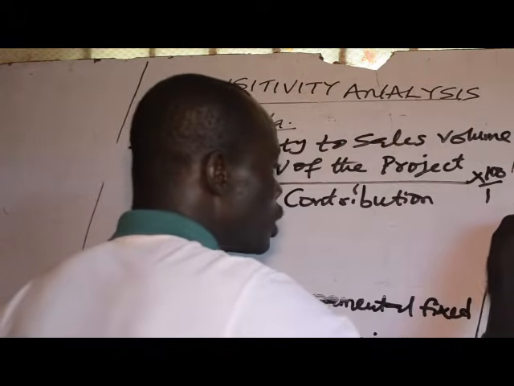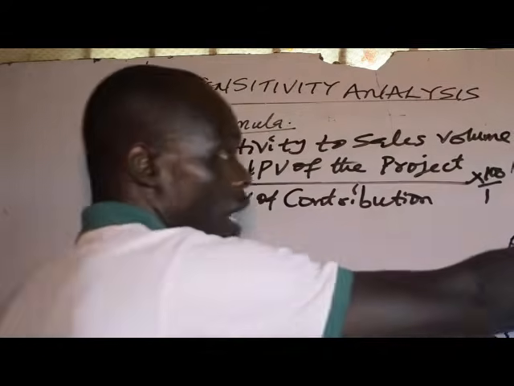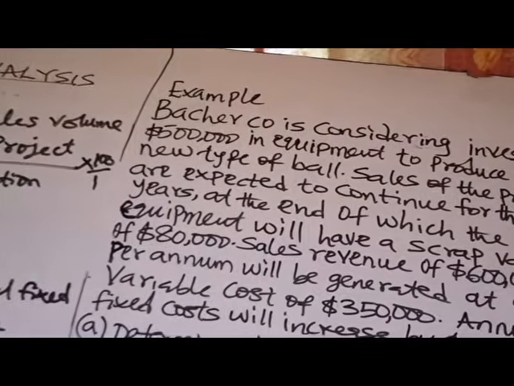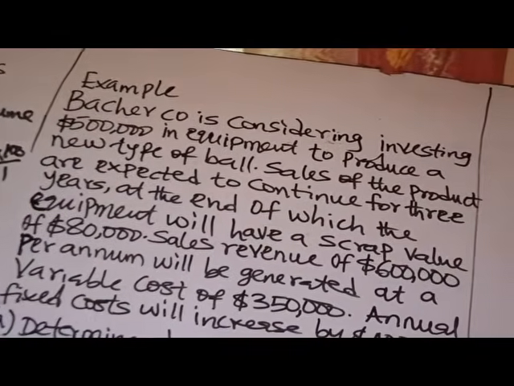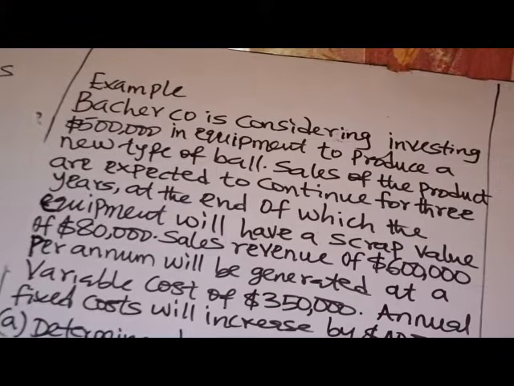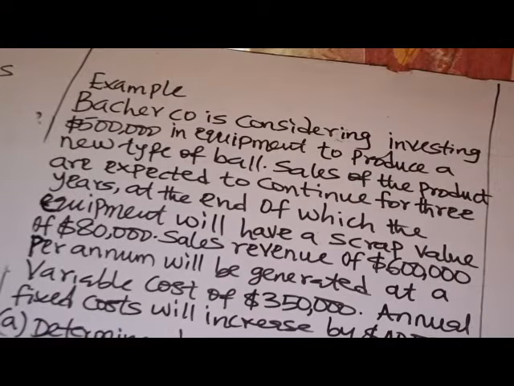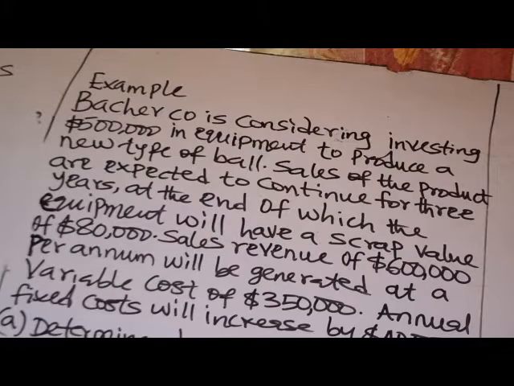So we therefore want to take a worked example. Basia Co. is considering investing $500,000 in equipment to produce a new type of ball.